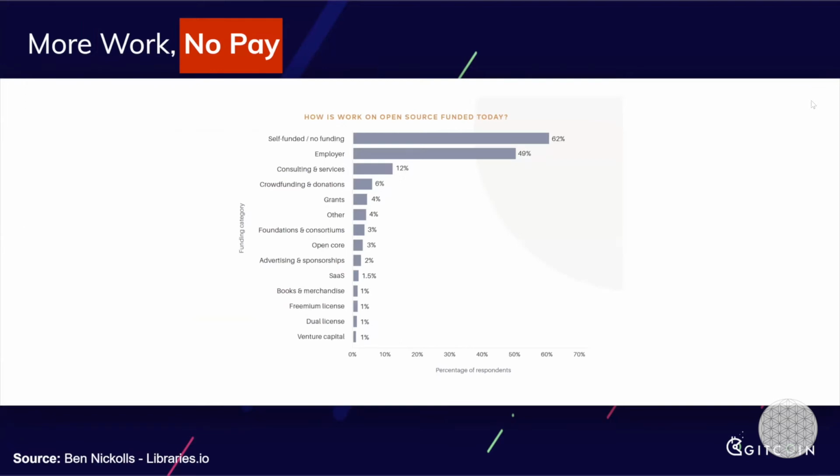And why might this happen? Why might people decide as a maintainer to stop doing it? Because that value, that 387 billion that I mentioned before, is not really going to the maintainers. And so most people are actually self-funded. Their employer funds them. They do consulting services. They go for crowdfunding and donations.